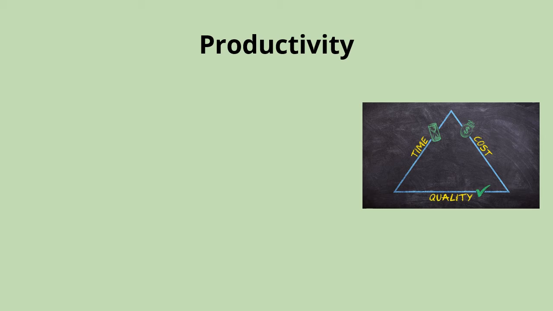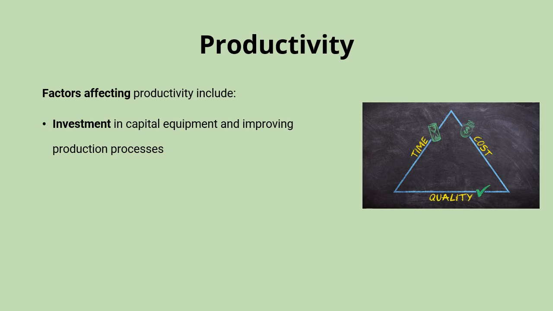Going now then from why productivity is important to how a business could achieve those increases or improvements in productivity. So what factors are going to affect a business's productivity that they can work on to achieve those increases? So you might look at investment in capital equipment and improving those production processes.